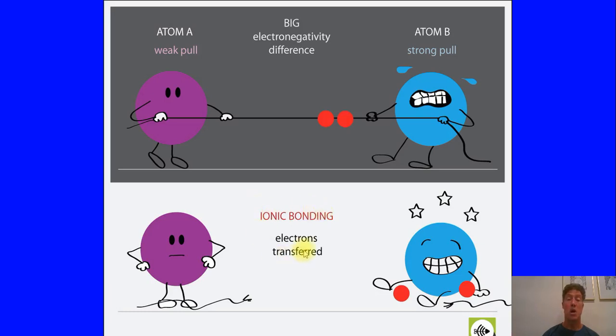If it's super strong, then the strong one actually pulls the electrons completely to itself and creates ionic bonding. So electronegativity difference is what accounts for neutral covalent bonds, polar covalent bonds, and ionic bonds that are basically stolen electrons.